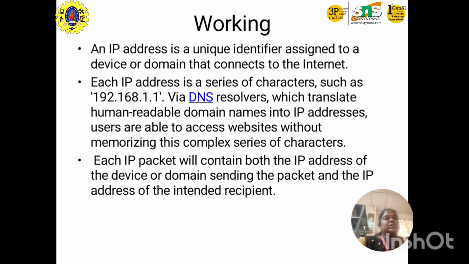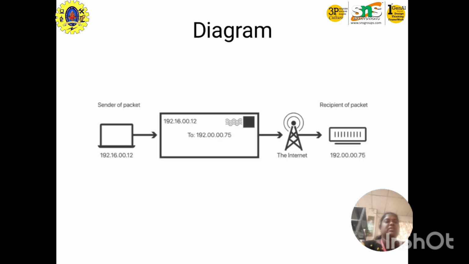Each IP packet contains both the IP address of the device or domain sending the packet and the IP address of the intended recipient. The diagram shows a packet being sent through the internet to reach the destination.